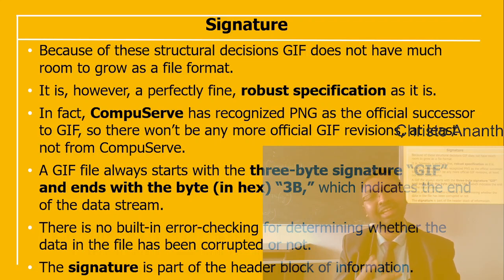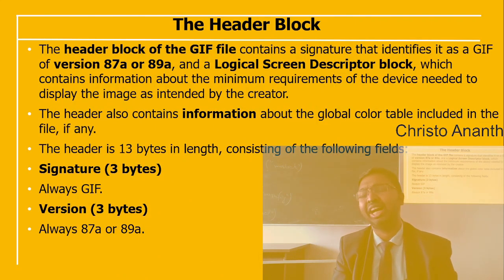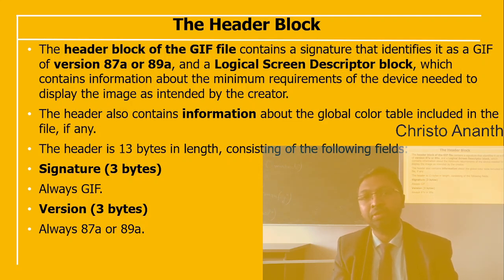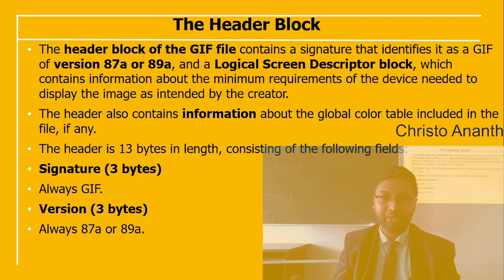There is no built-in error checking for determining whether the data has been corrupted or not. The signature is part of the header block of information. The header block contains the signature that identifies it as a GIF, the version, 87a or 89a, and a logical screen descriptor block. That contains information about the minimum requirements of the device needed to display the image as intended by the creator, and information about the global color table included in the file.